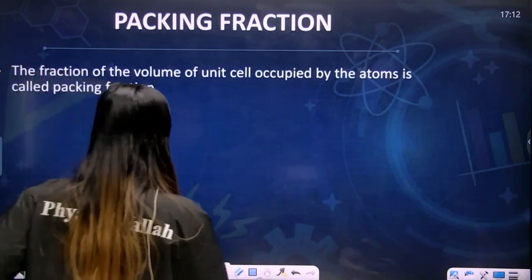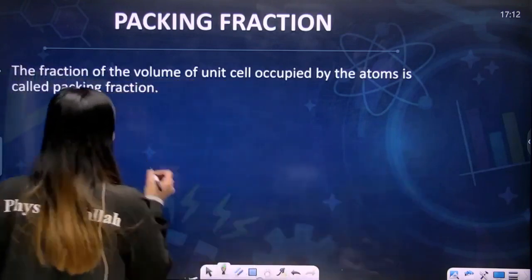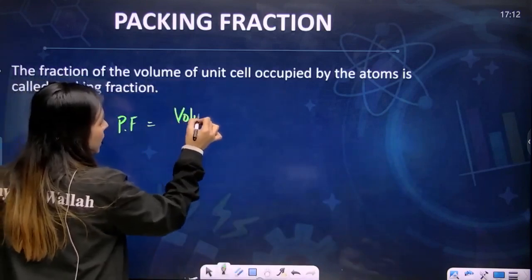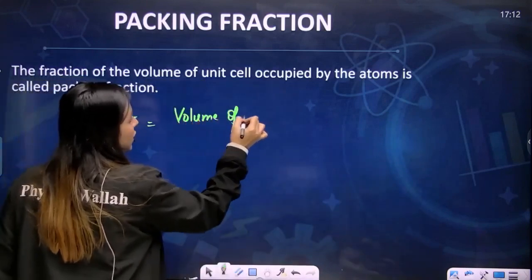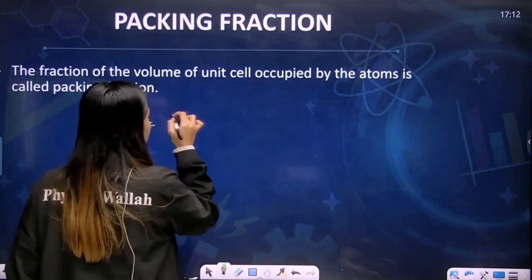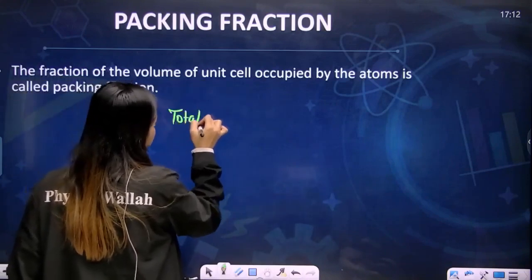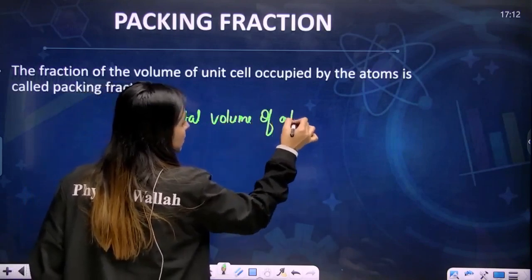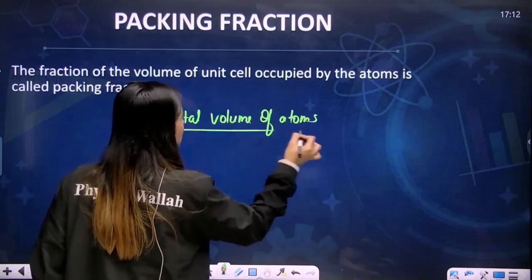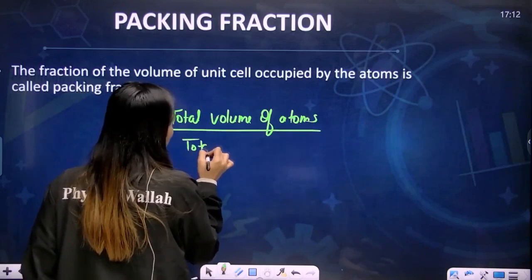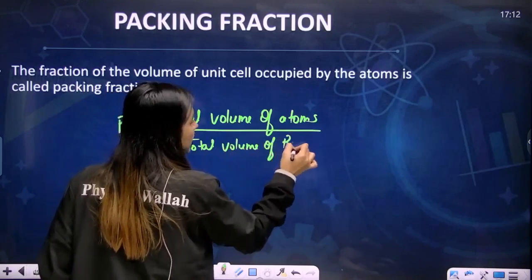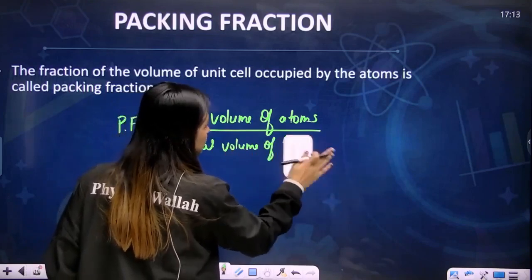Packing fraction will be the total volume of atoms divided by the total volume of the room, of unit cell.